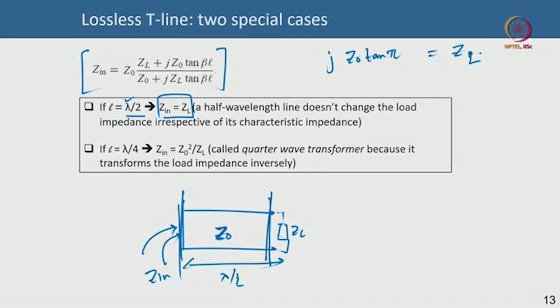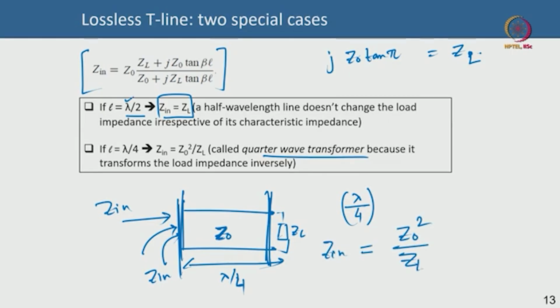Similarly, if the length of the line is lambda by 4, we call it a quarter wave transformer. Any transmission line with a length of lambda by 4 is called a quarter wave transformer because it transforms the load impedance inversely. The input impedance looking from this side is equal to Z naught square by ZL, where Z naught is the characteristic impedance of the line and ZL is the load impedance.